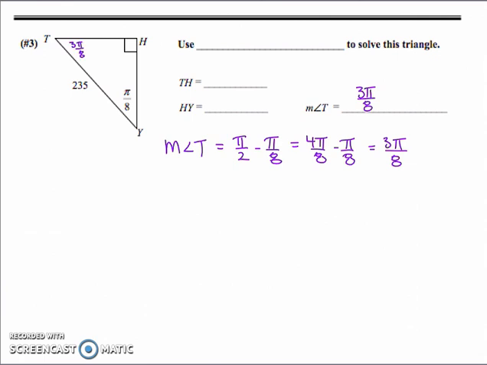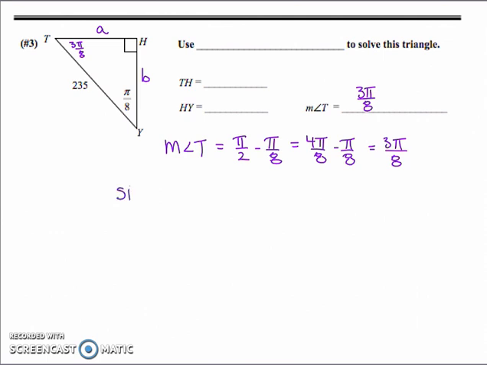All right, now that I have that information, I can solve for the sides of my triangle. I'm going to call this side A and this side B. I'm going to start by finding side A, and I am going to use sine.